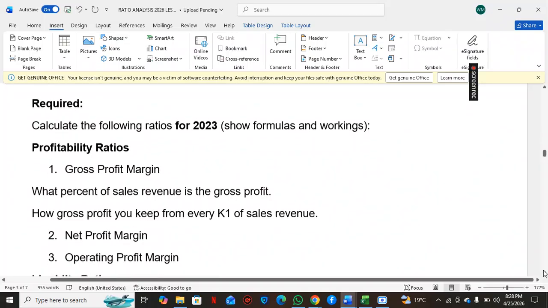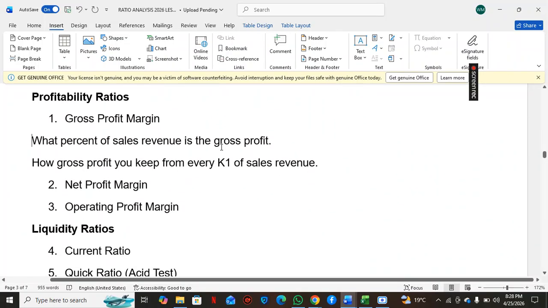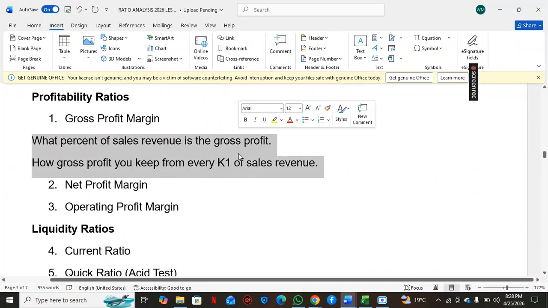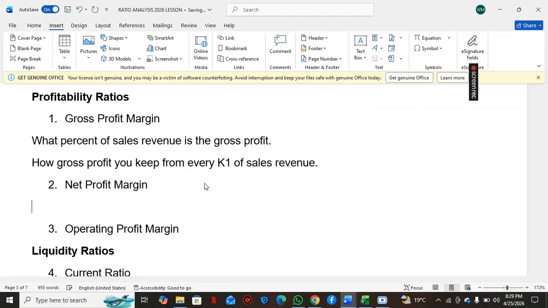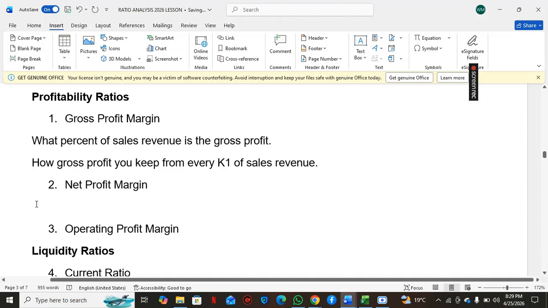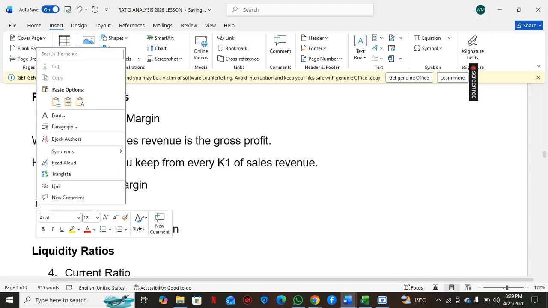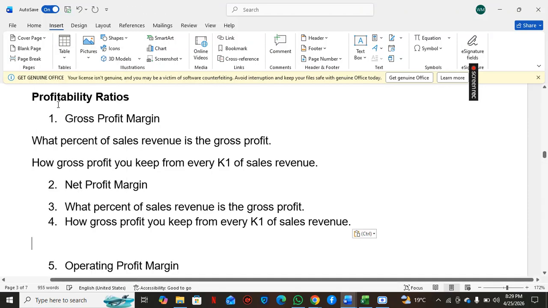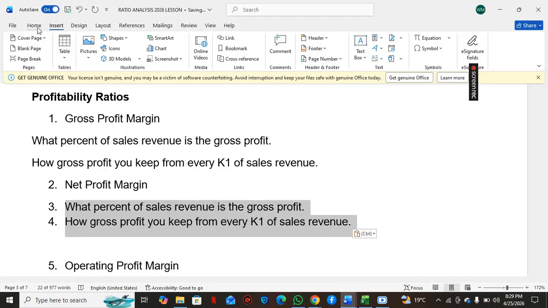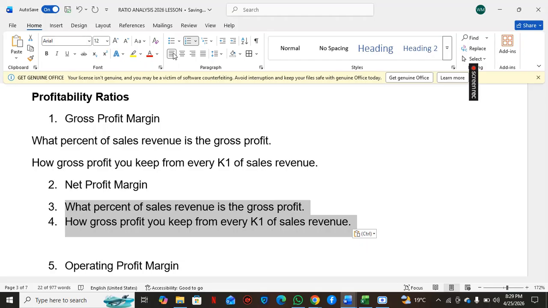Next is net profit margin. Same thing as what gross profit margin is telling us. What percentage of your sales revenue is net profit? Or how much net profit you keep from every 100 kwacha or 1 kwacha or 1,000 kwacha? Oh, here it's dollars.